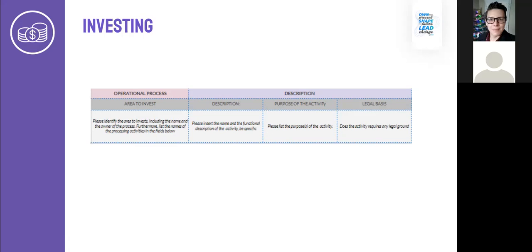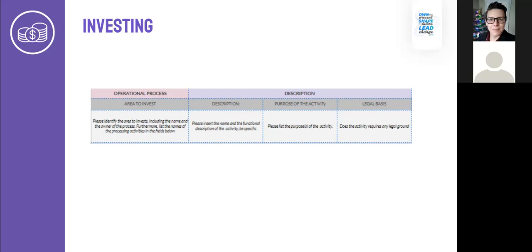Then the description: what is the function or the activity that you will be doing with this investment. If it is with PM, maybe the activity that you are going to do is ads for making opens for new recruitments.